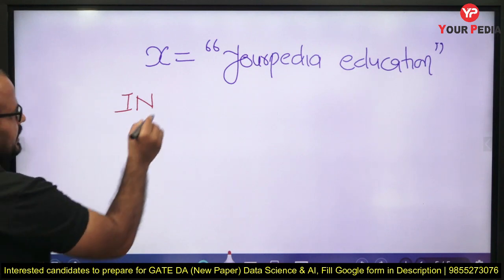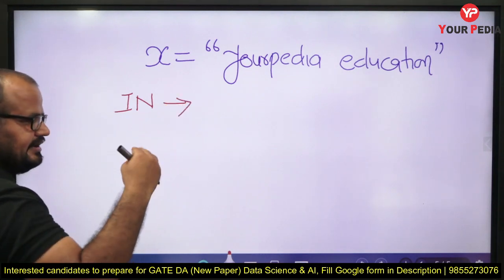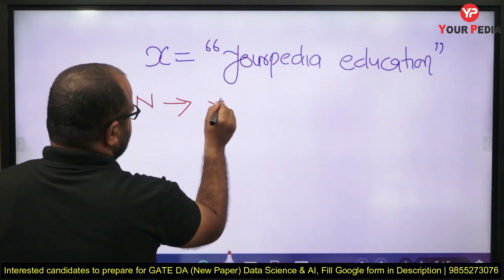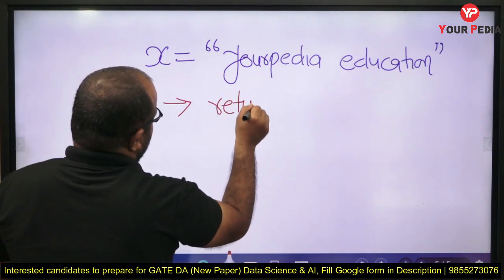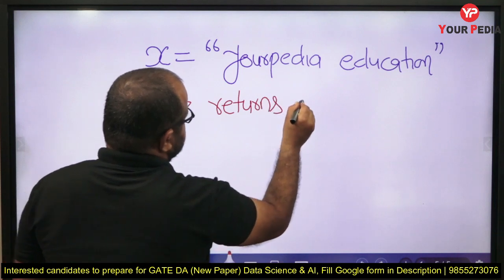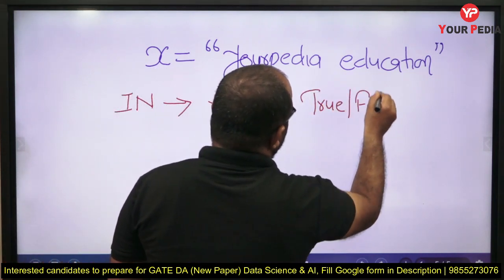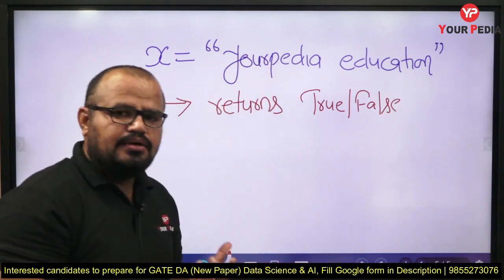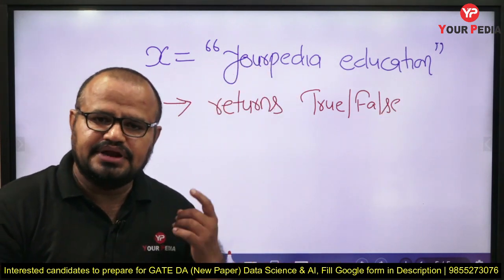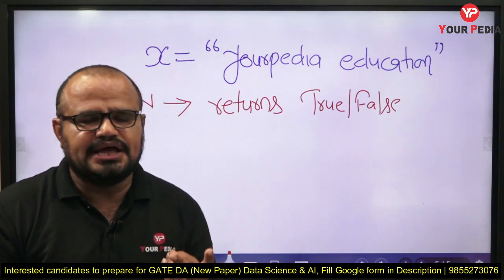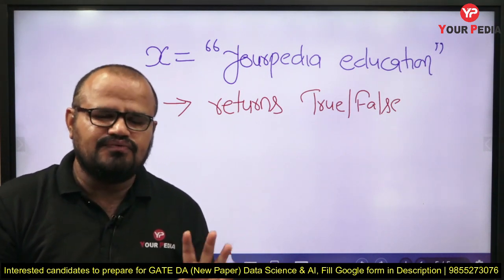Fine. So in returns true or false. It means this keyword is a boolean keyword: either it gives you true or false. Boolean means two, it gives you two types of output, either true or false.